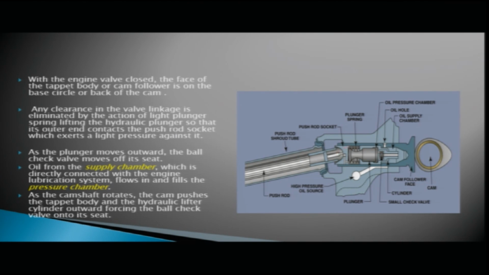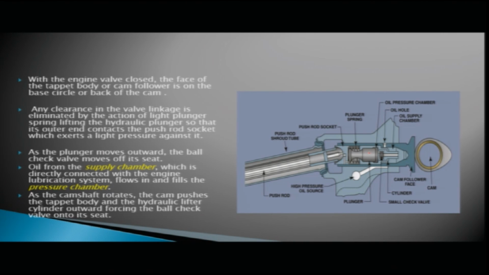So any clearance in the valve linkage is eliminated by the action of this spring, which will lift the hydraulic plunger so that its outer end contacts the push rod socket. This is your push rod socket.